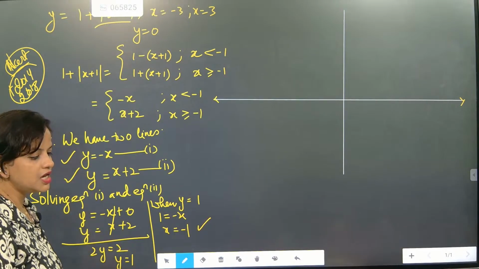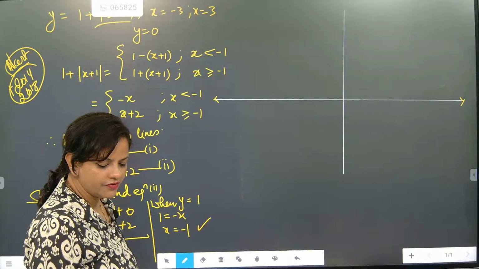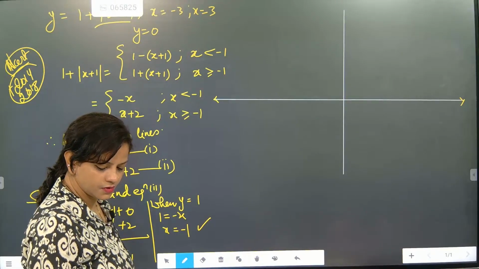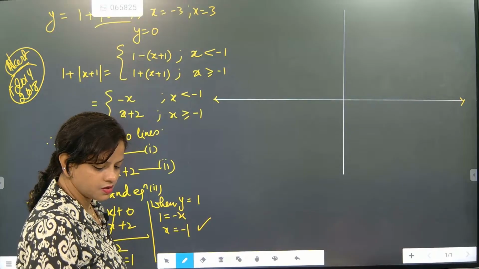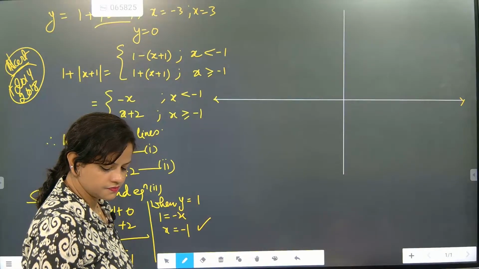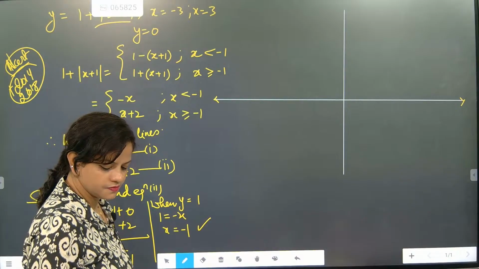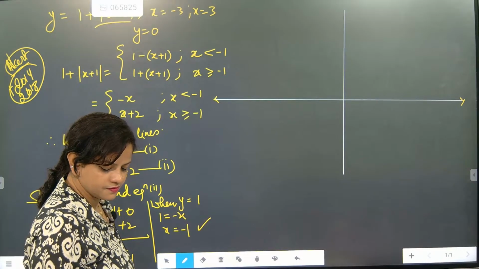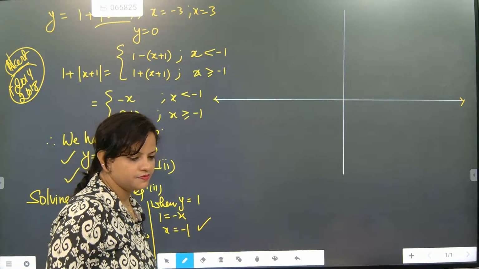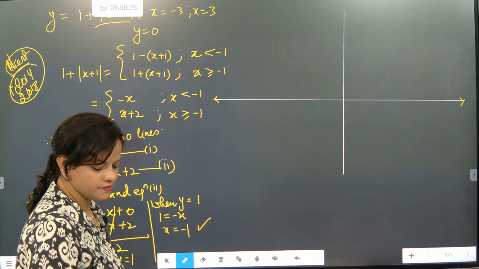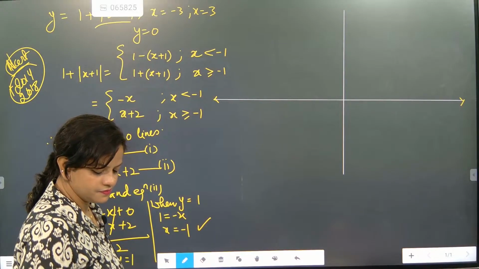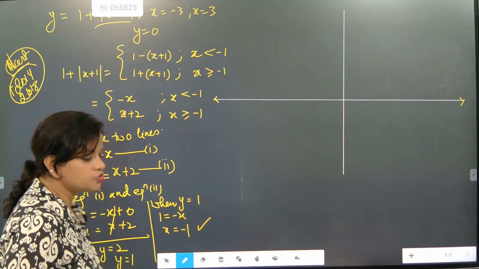So now if both the lines are present there, what work do we have to do? So both the lines are there.